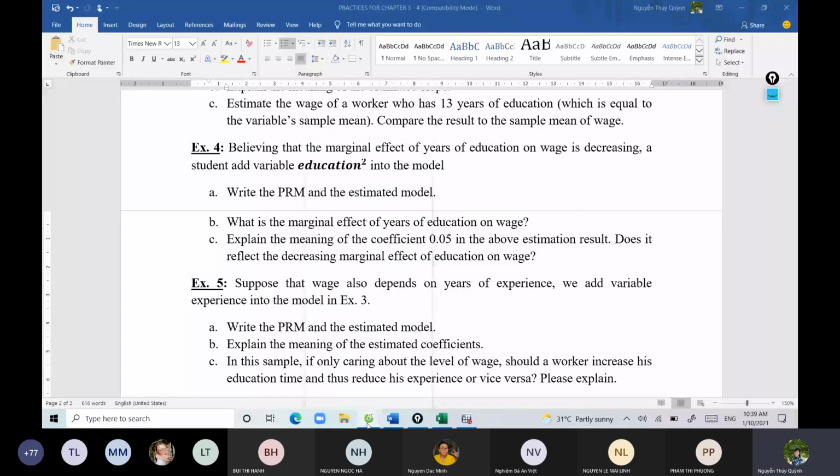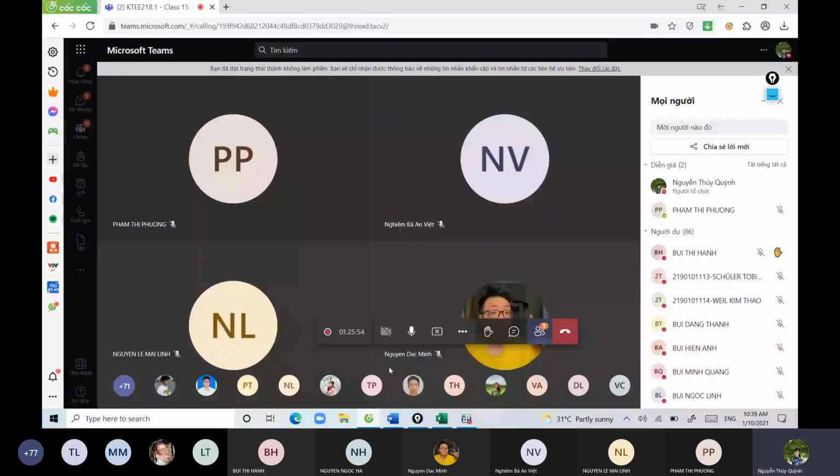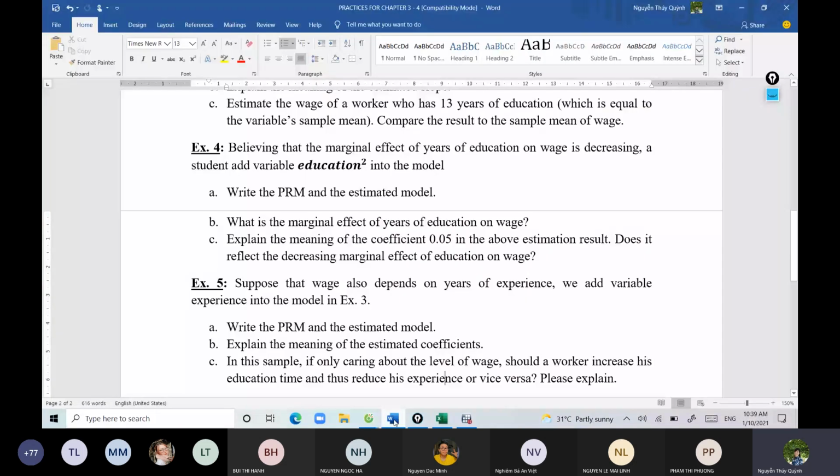Now, who can help me with exercise 4? Exercise 4. Now you have to generate a new variable in Stata, which is education square.